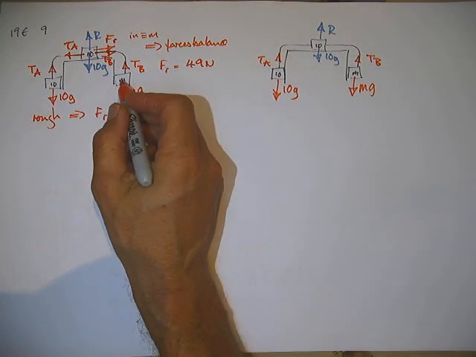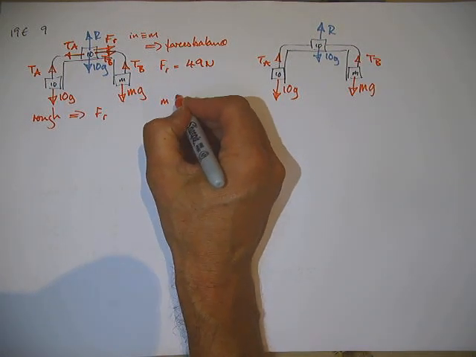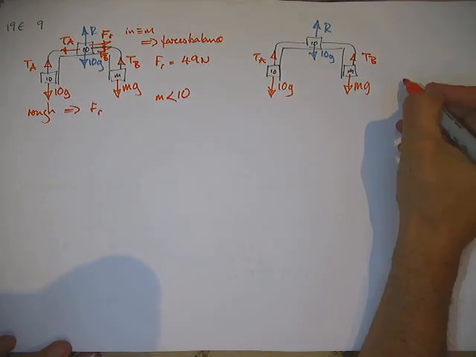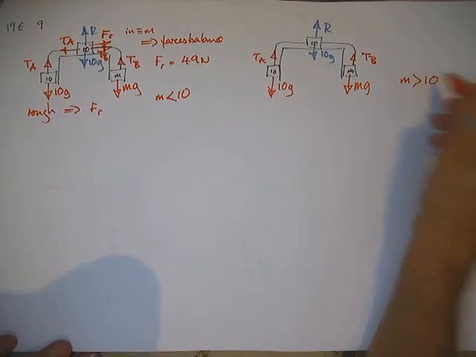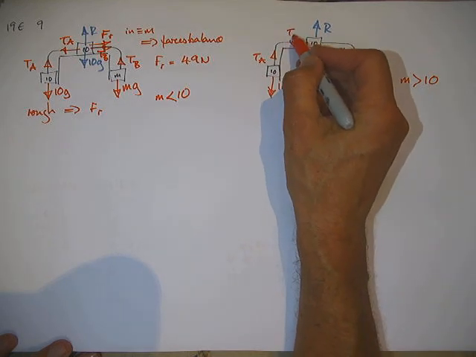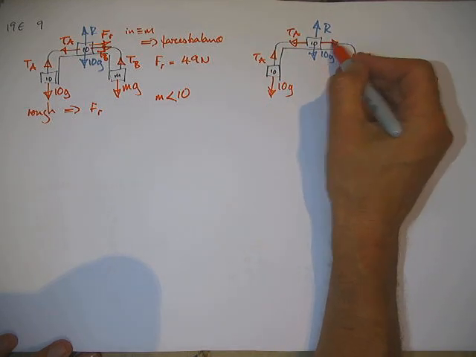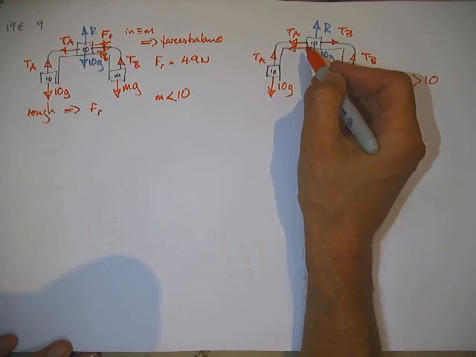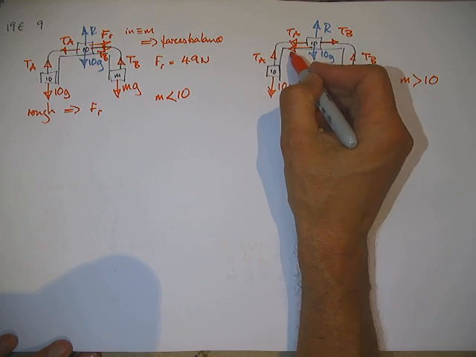Similarly, so this is M is less than 10. This one, M is greater than 10. I'm going to put all the forces on again, so a tension, but this time the frictional force acting that way.